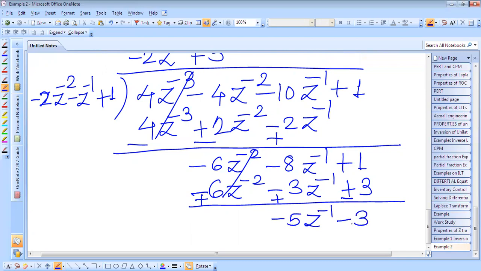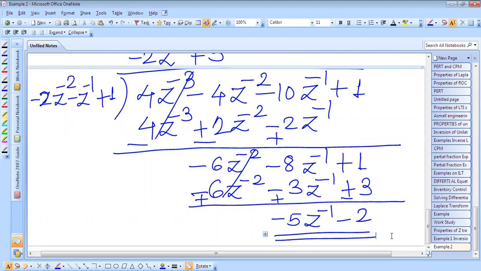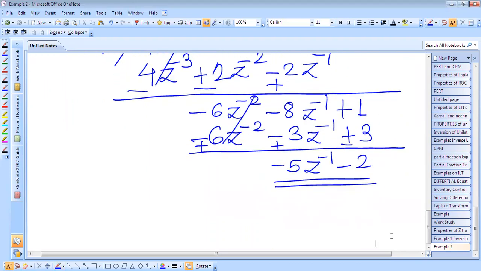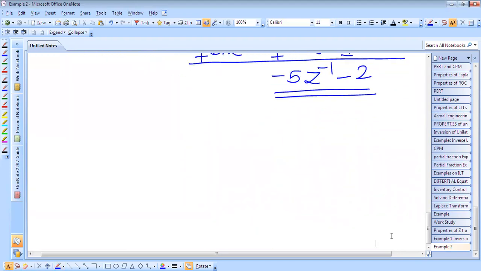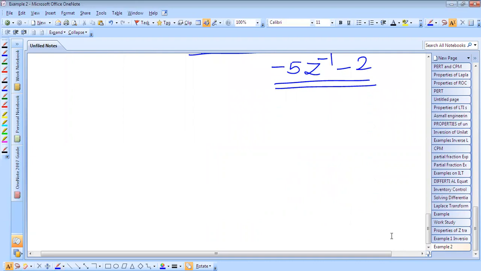No, not minus 3. 2. Okay, so this is a remainder. Now we can solve this by the long division method. We may write the given expression now.